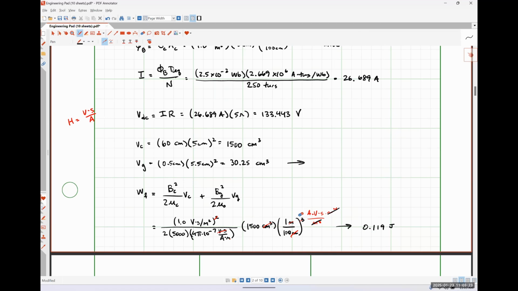Maybe that volume is wrong. That comes out to be, sorry, 5.5 squared times 0.5, 121 over 8.